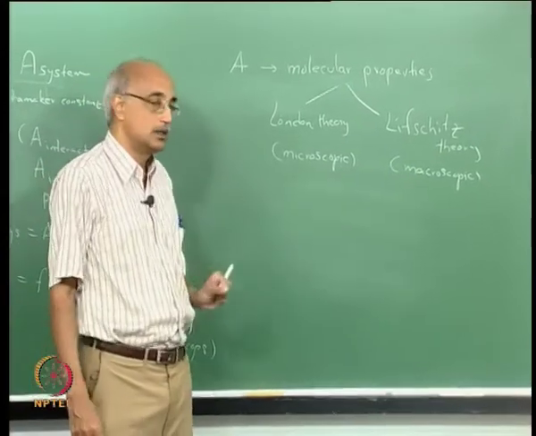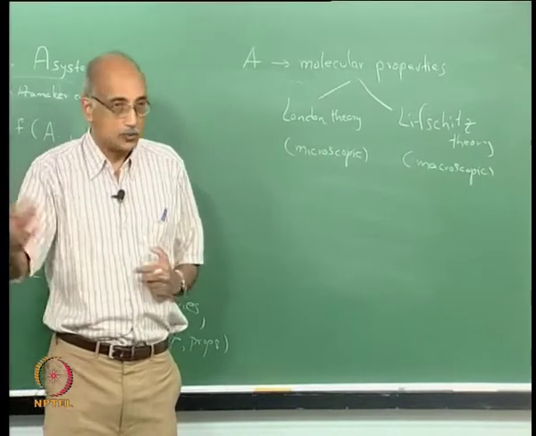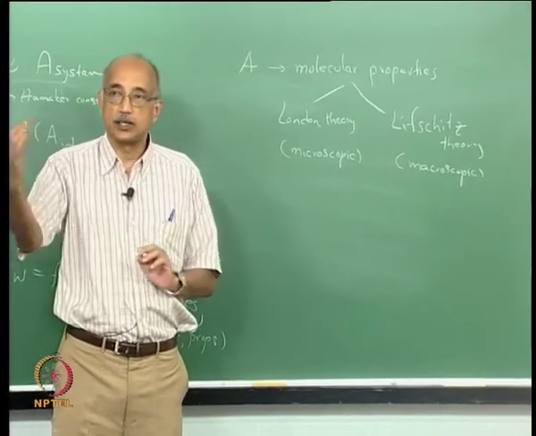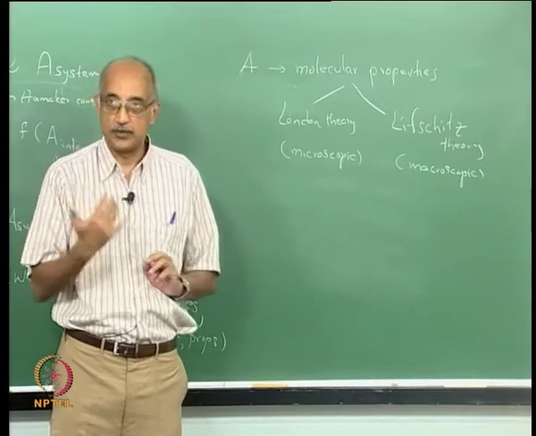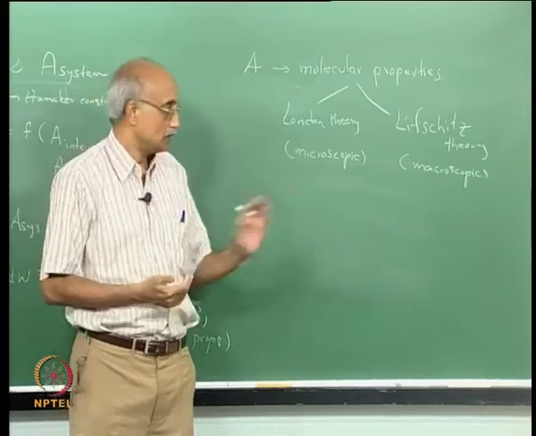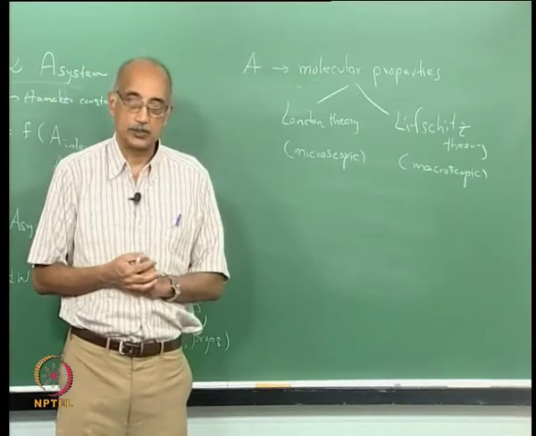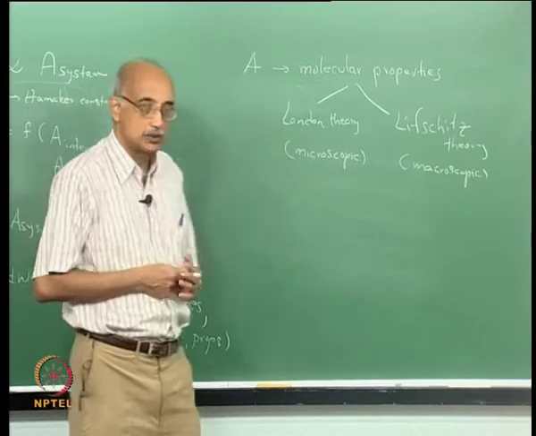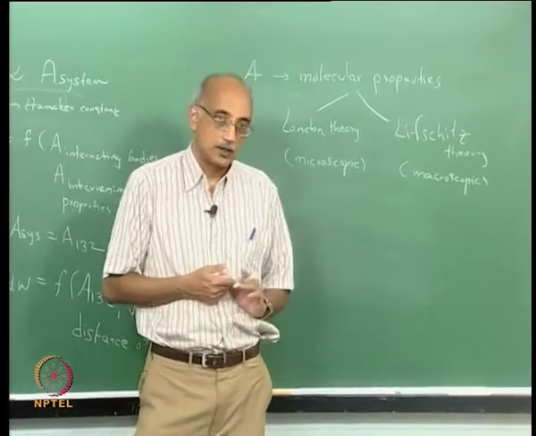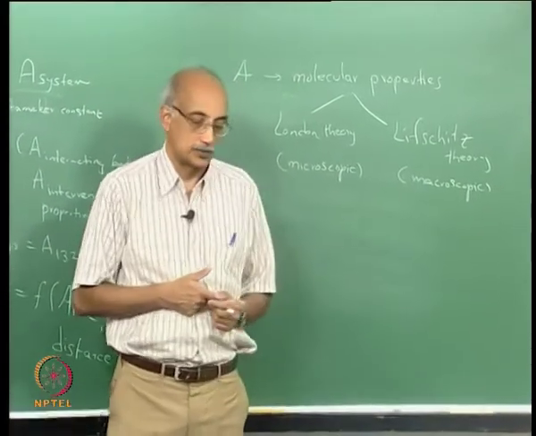In the Lifshitz theory, a particle that is further removed can exert an influence on it, essentially by propagation of waves of energy. That is a primary difference between the two. But these two theories are used quite extensively to calculate Hamaker constants for systems.